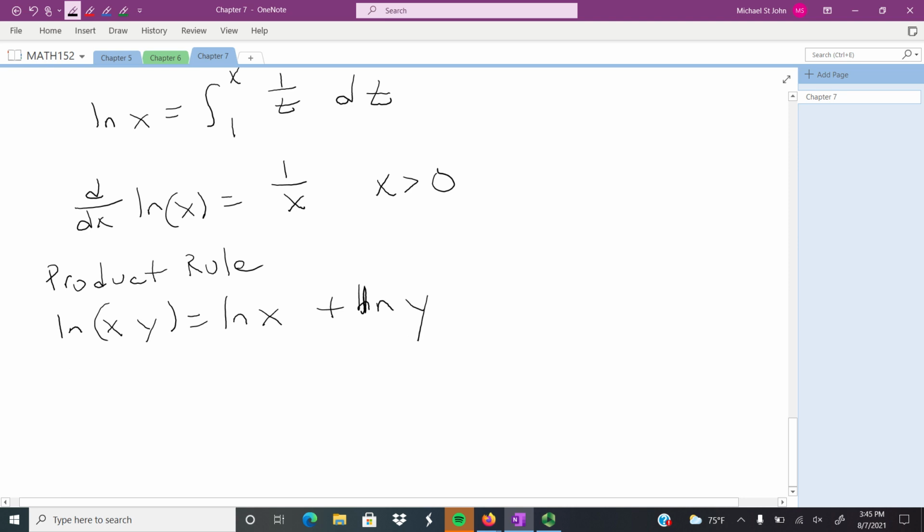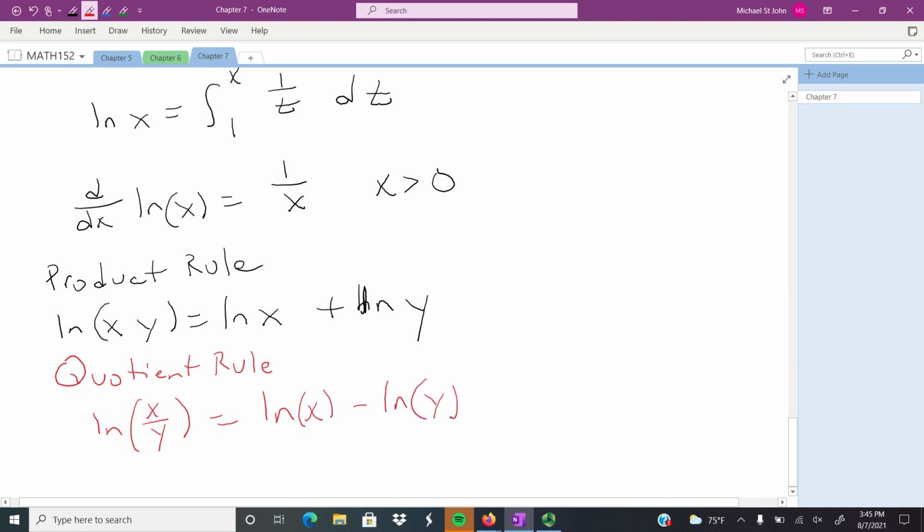And then you had the quotient rule, which said the natural log of x over y was equal to the natural log of x minus the natural log of y.